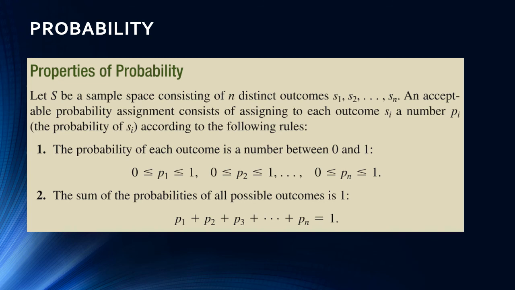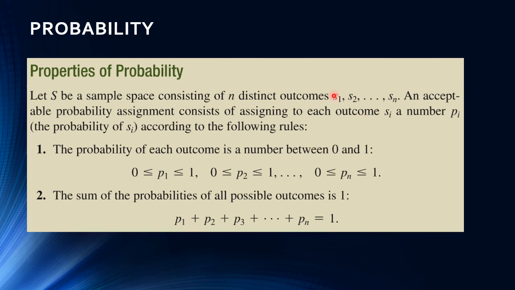An acceptable probability assignment consists of assigning to each outcome S sub i a number P sub i, which is the probability of S sub i, according to the following rules. We know that the probability of any outcome is between 0 and 1. So P sub 1 is between 0 and 1, P sub 2 is between 0 and 1, all the way up to P sub n. This is just a rule for any probability.